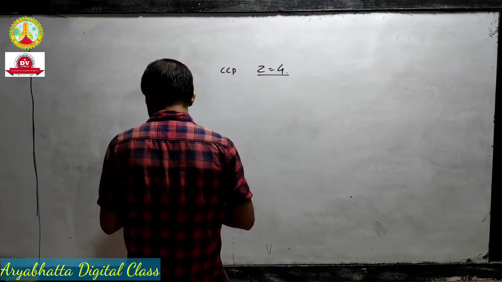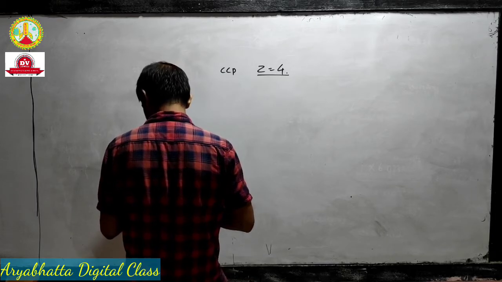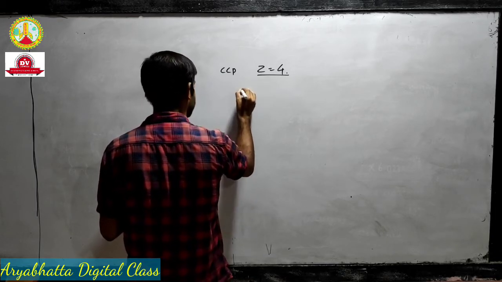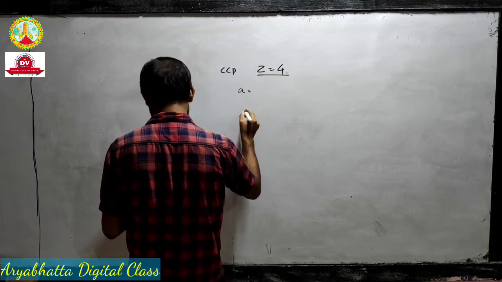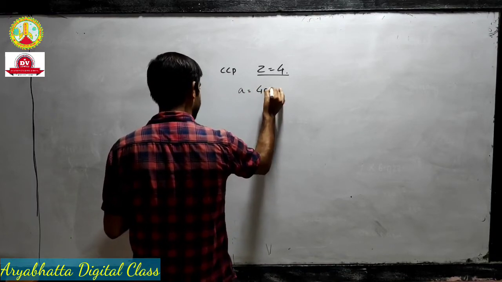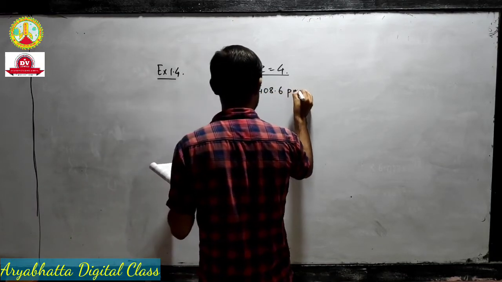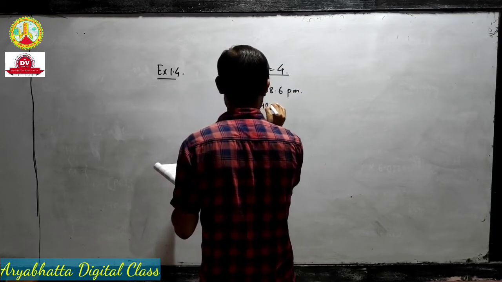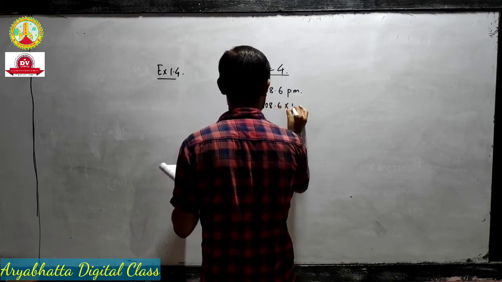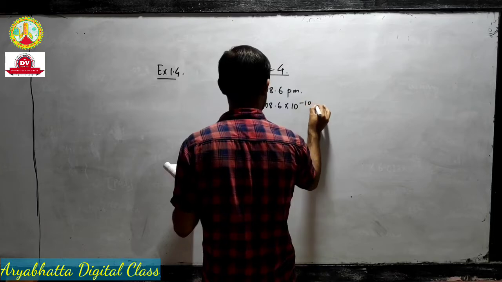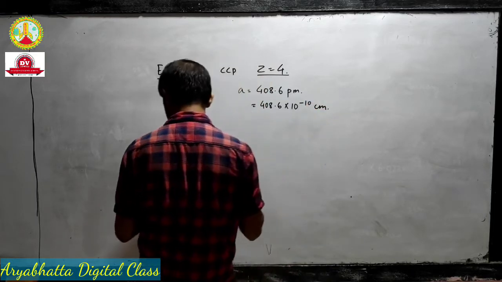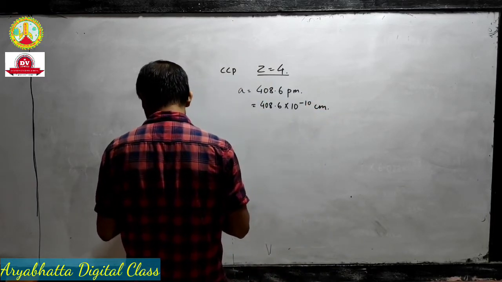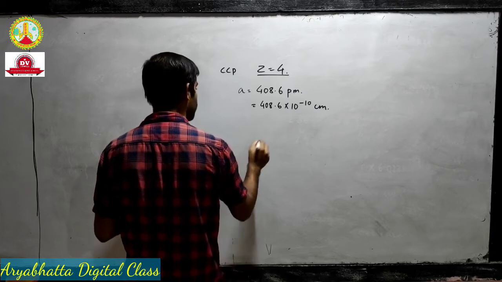Then its edge length is given as 408.6 picometers. That means 408.6 times 10 to the power minus 10. I will take it in centimeters. Calculate the density of silver.